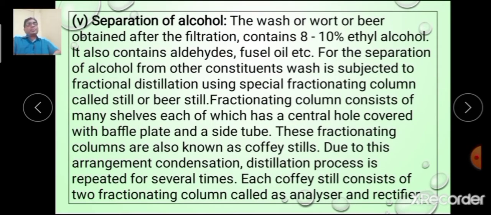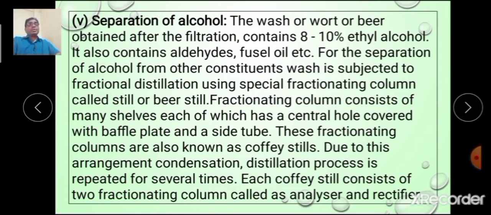The next point is separation of alcohol. The wash obtained after filtration contains 8 to 10% ethanol. It also contains aldehyde and fuel oil as other constituents.